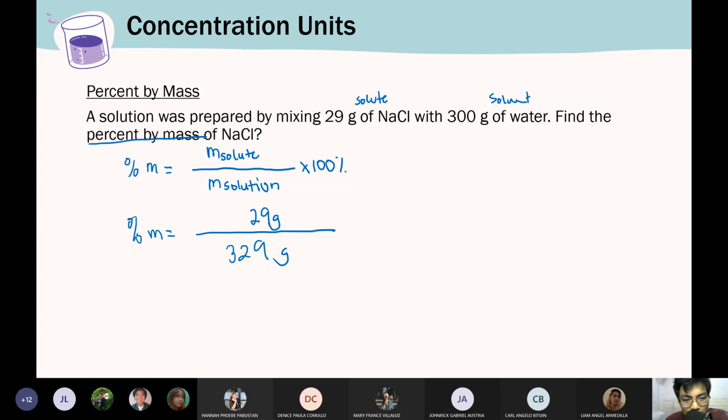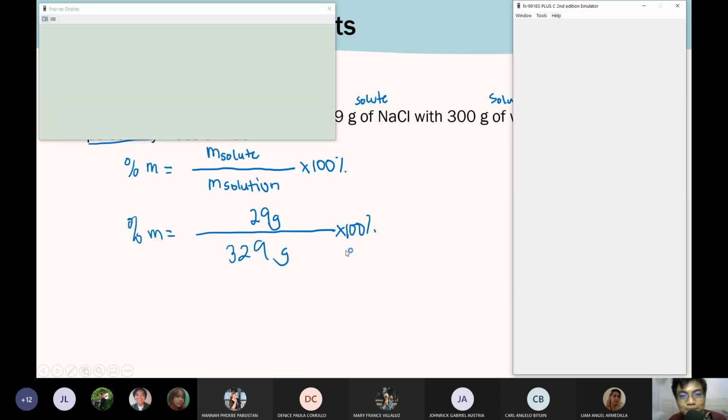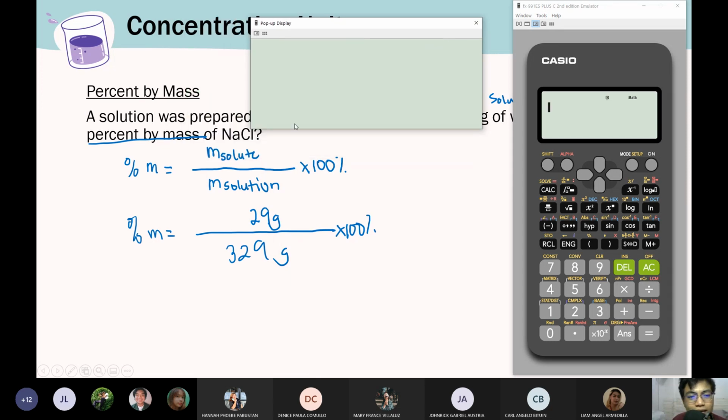Okay? So 29 divided by 329 times 100%. Whoever is first on the calculator. I'm slow, I still have to press the calculator. So, fraction 29 over 329, then times 100. Should you write the percent?